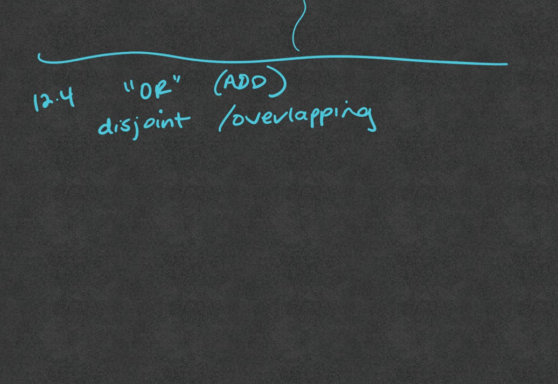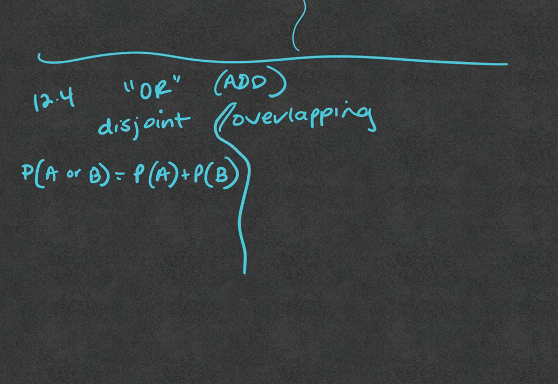Those would be disjoint. So you would do the probability of A or B equals the probability of A plus the probability of B. That's disjoint. It cannot overlap. Two completely different things. Overlapping is they can both be the same thing.